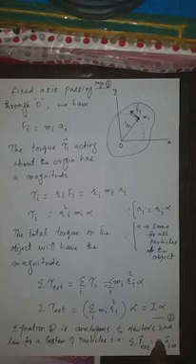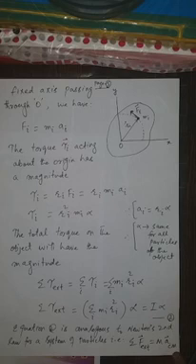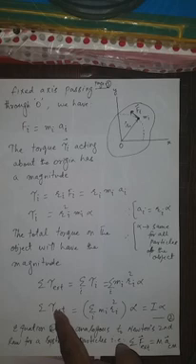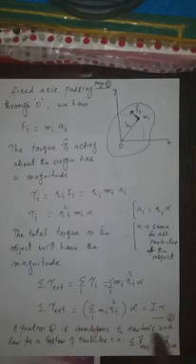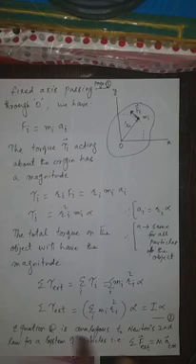The equivalent to mass in angular motion is I, moment of inertia, and the equivalent to acceleration of center of mass in angular motion is alpha. We say that this equation is analogous to Newton's second law in angular motion. Thank you.